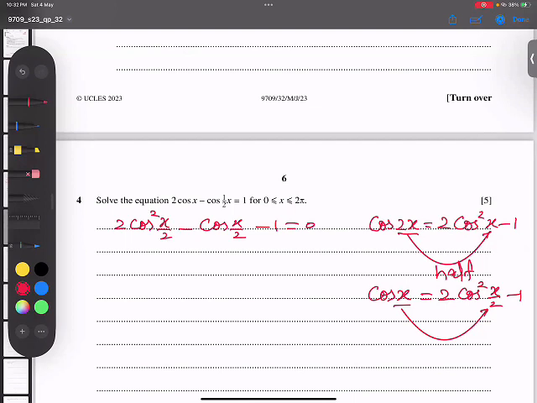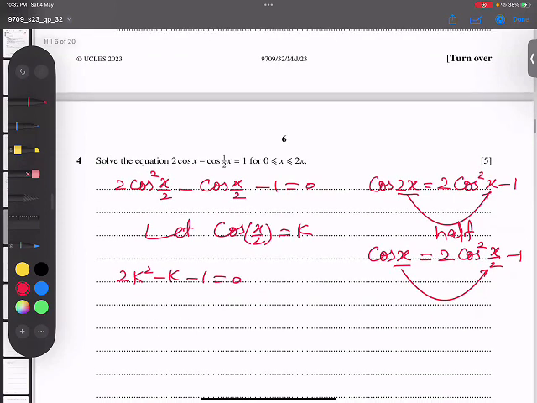Many students get confused about how to start. Onward, you can say, or you can do it directly even. Cos x divided by 2, this angle actually equals k. So you get 2k square minus k minus 1 equal to 0. 2 ones are 2, so negative 2k plus 1k minus 1 equal to 0. 2k common out, I get k minus 1.